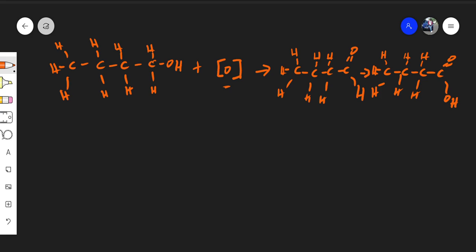So how do you make sure that you only get the aldehyde if you want only the aldehyde and not the carboxylic acid? What you do is that as soon as this is produced, you distill it so that it cannot be further oxidized.